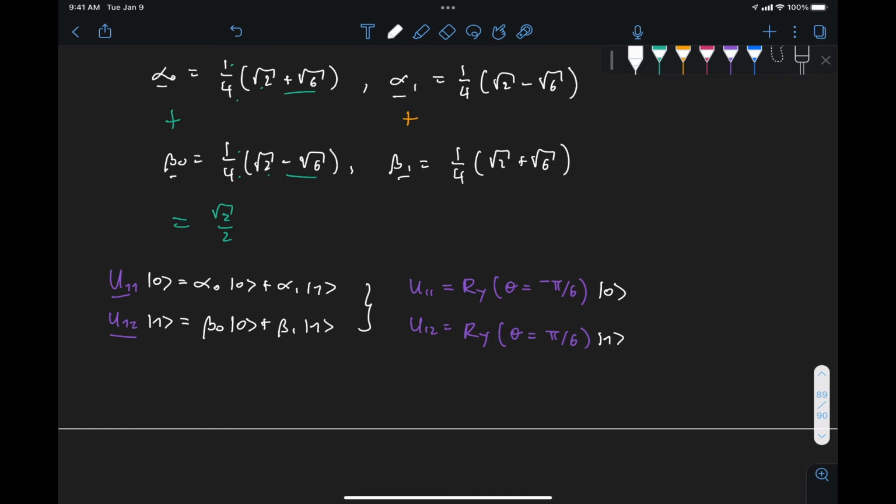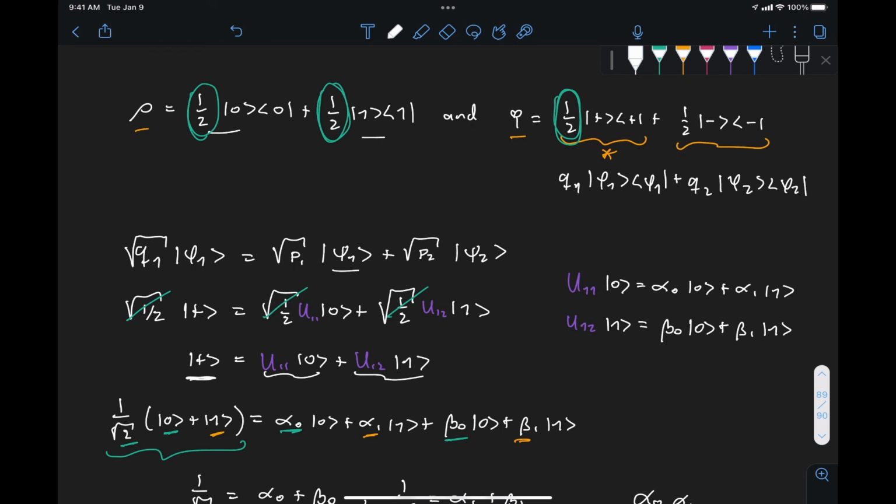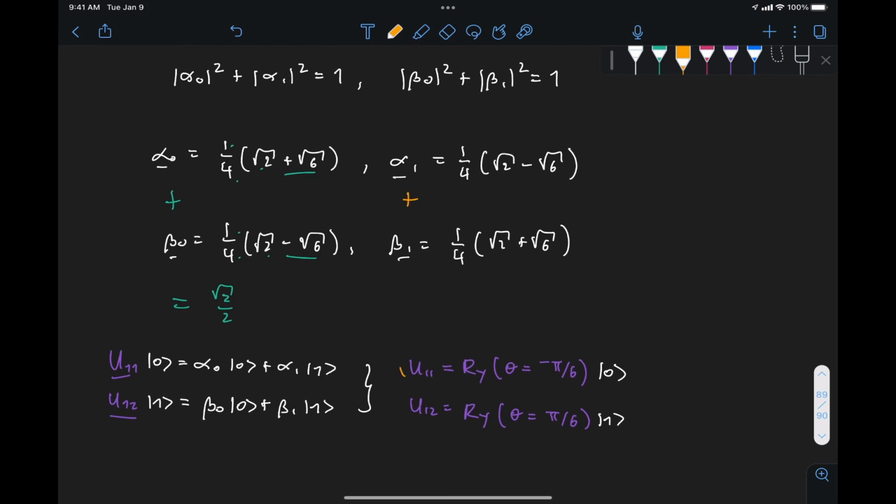So in summary, what we have done here is we have shown that at least this state plus, with a probability associated with it of 1/2, can be expressed in terms of the terms 1/2 0 0 and 1/2 1 1 up to some unitary transformations u11, u12 that are given by these rotations here.